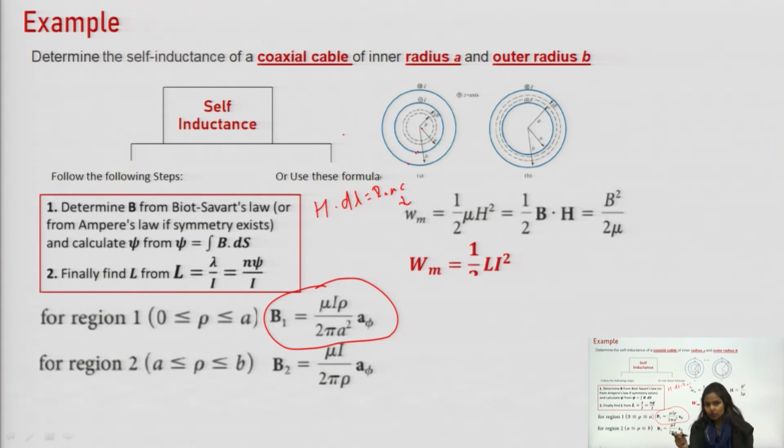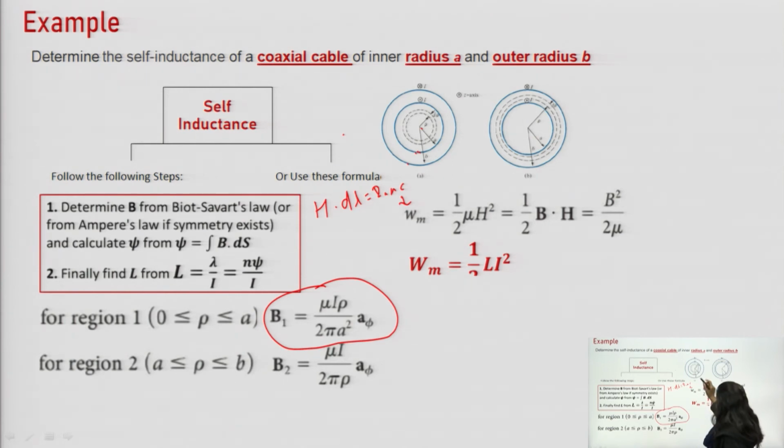The total summation of current will be 0, so I enclosed is 0 and H will be equal to 0 also. So we will see only two cases: when the point is between the origin and a, and when the point is between a and b.